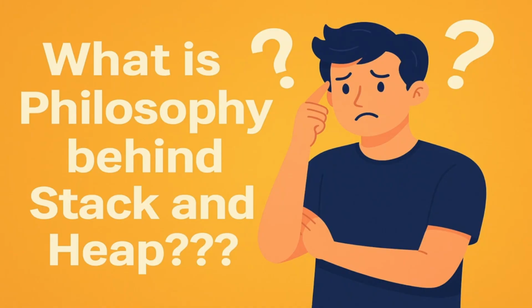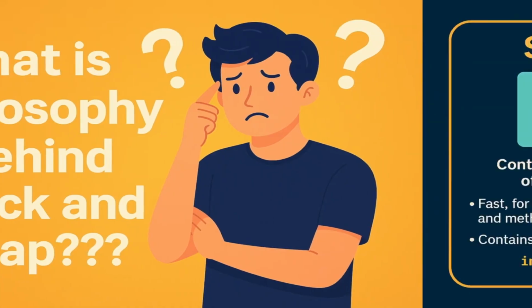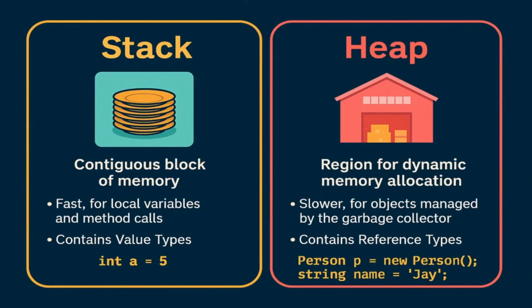Unless we understand what a stack and heap are, we will not be able to understand what a value type and a reference type are. So let's spend some time to understand what exactly the stack is and what exactly the heap is.